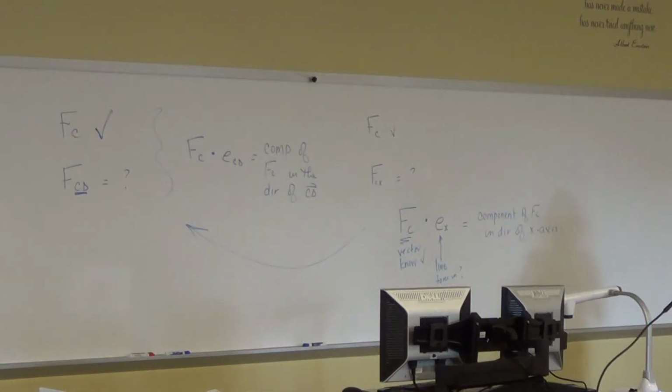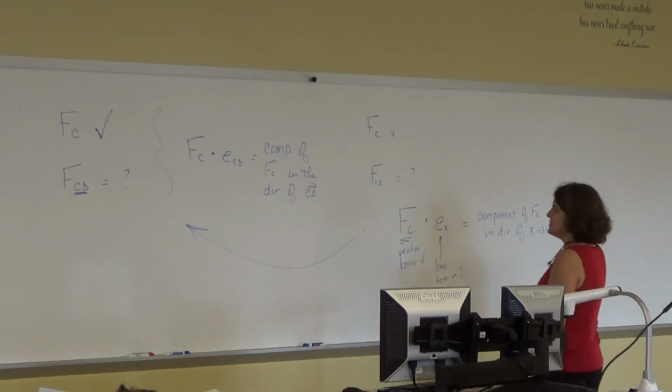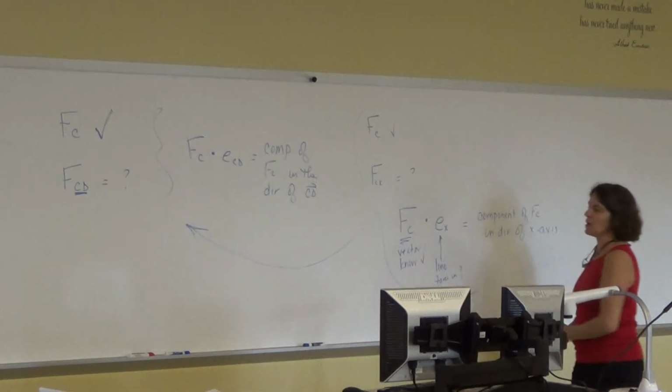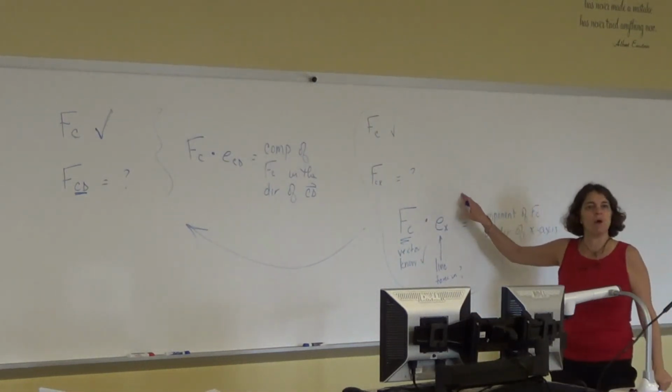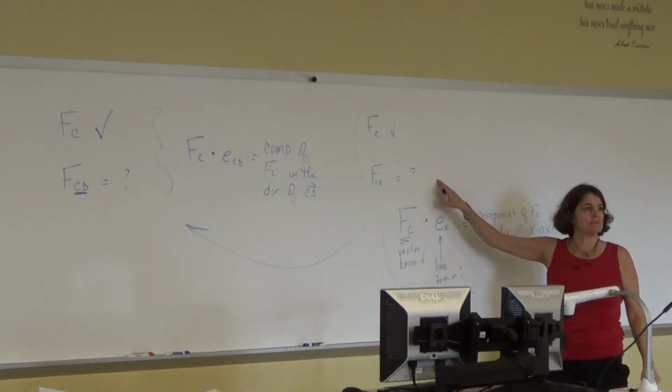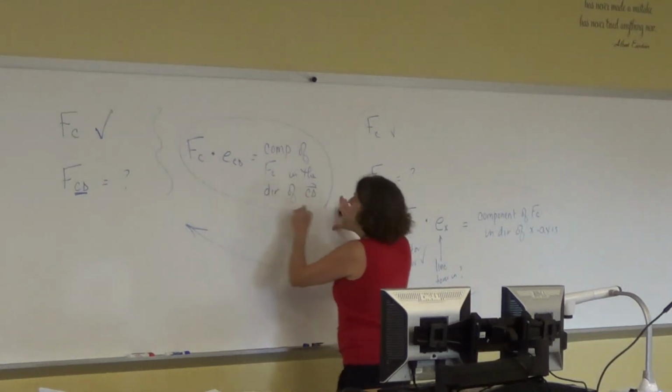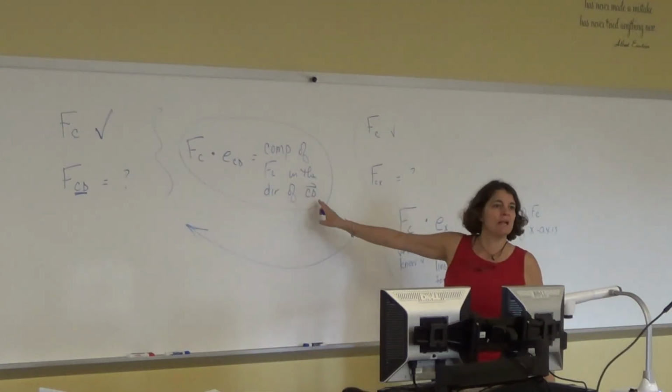Does everybody agree with that? This we already know. We're comfortable with finding the x, y, and z components of forces, and we know we use the unit vector and the dot product. But we can find the component of any force in any direction.